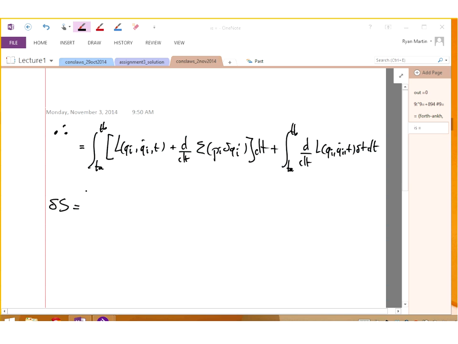All right, so we have the integral from t_a to t_b of L at q_i, q_i dot, t plus d/dt of the sum of p_i delta q_i primed, dt.